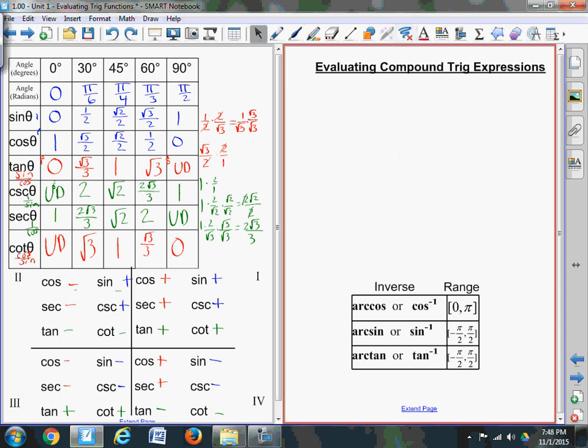All right, for the heck of it, let's just do three of them at the same time. So I'm going to take the sine of the inverse cosine of the tangent of pi over 4.